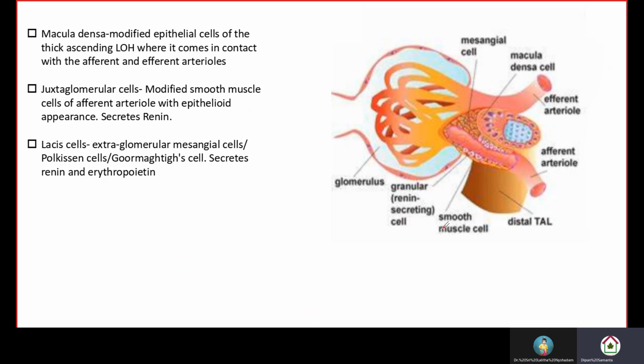Other than macula densa, we have other modified smooth muscle cells of the afferent arteriole with epithelioid appearance.